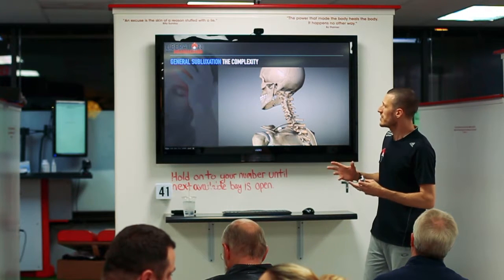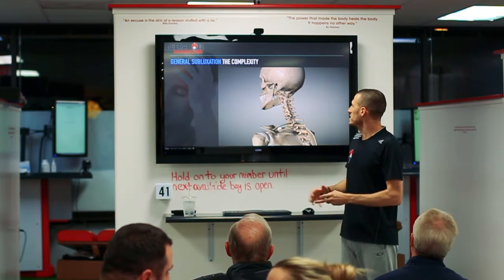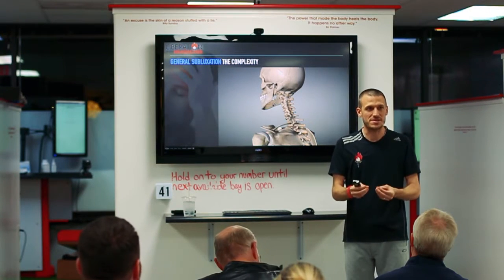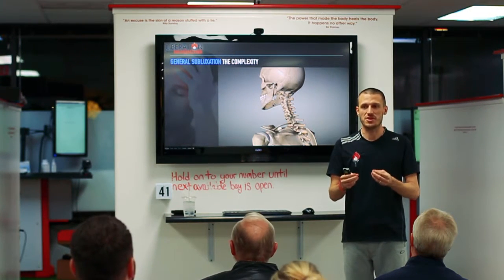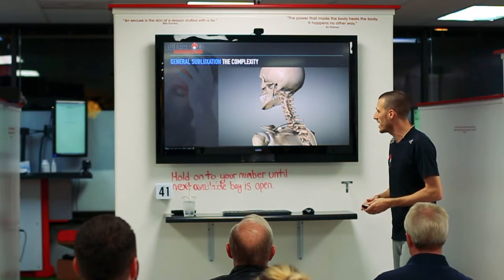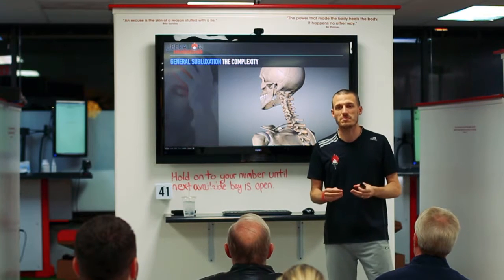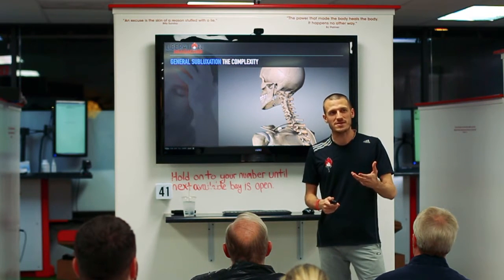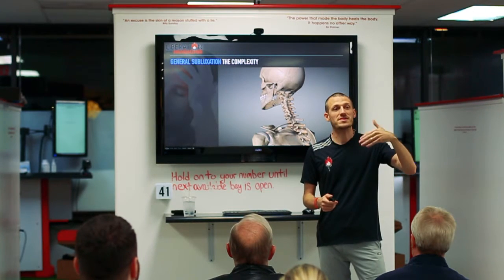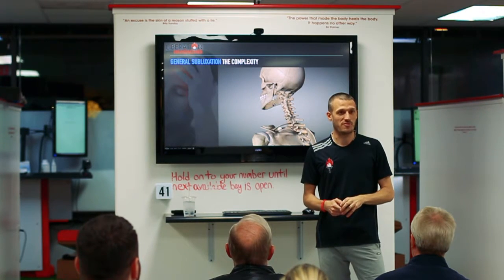Now, the next thing I want to go through is understanding, again, always correlating back to the complexity of anatomy and physiology and biomechanics. This stuff is so incredibly complex that there is simply no way that our brains can figure out exactly what is going on during normal movements.